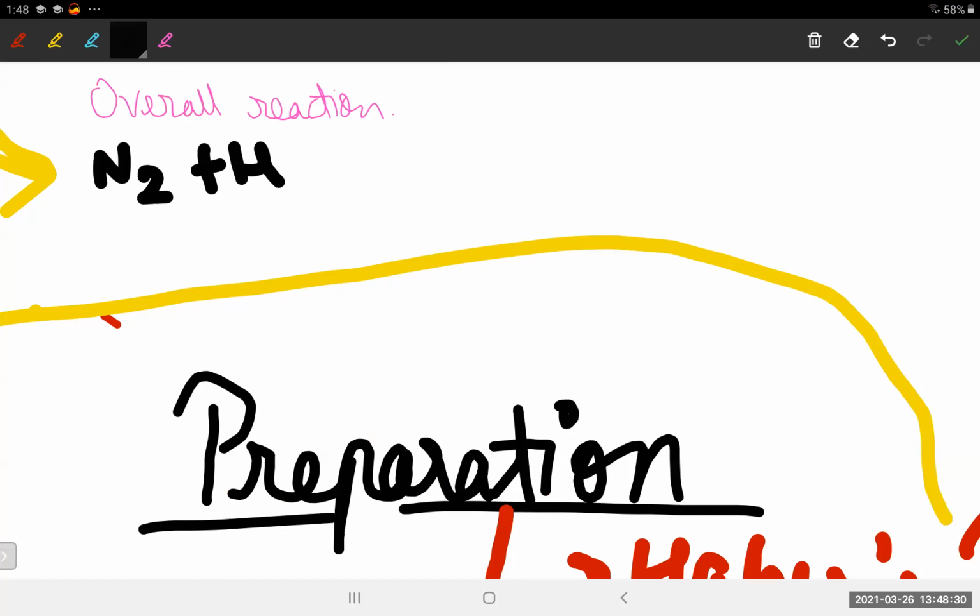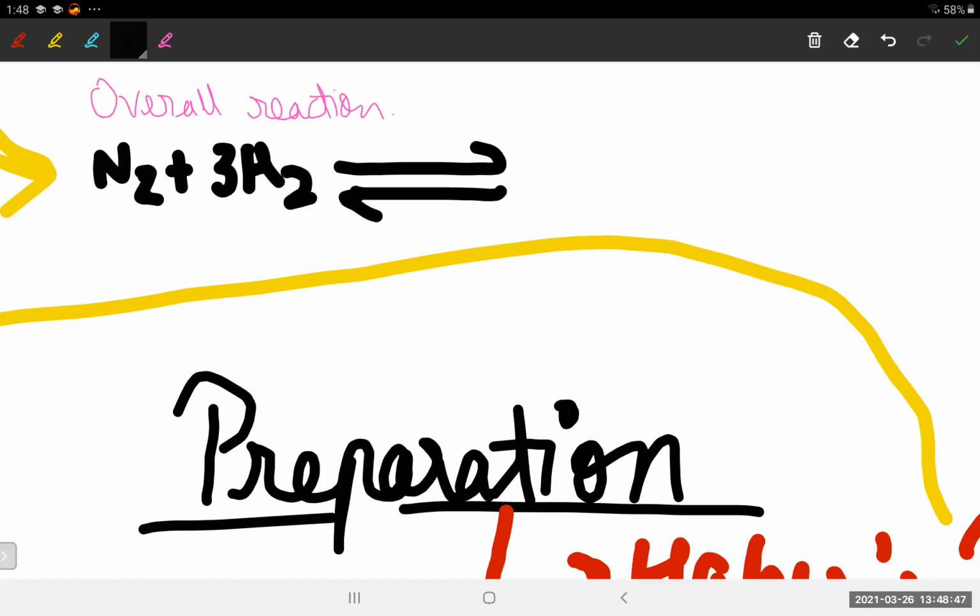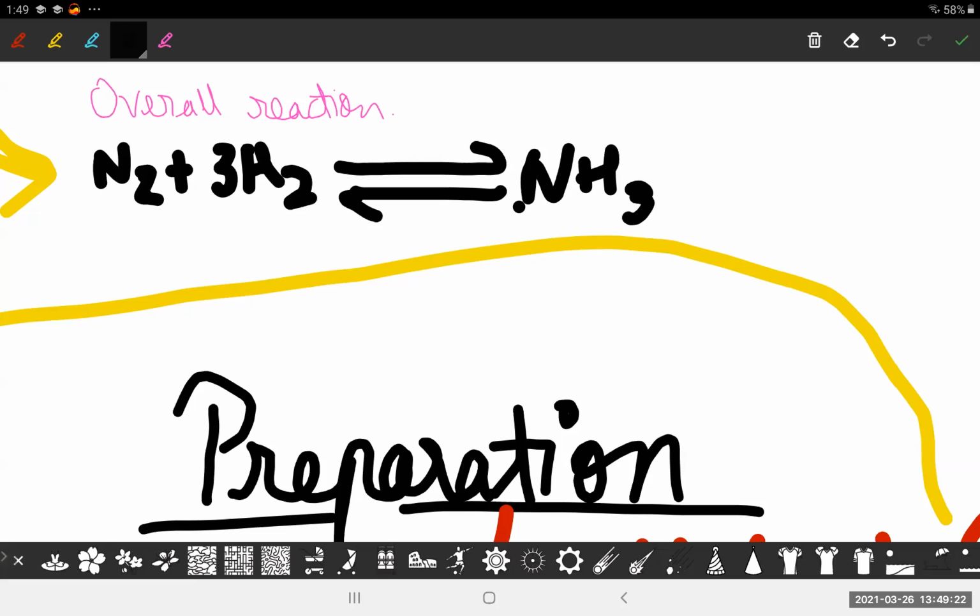One more thing to be mentioned here: this N2 is adding up with three molecules of H2. Yes, it doesn't break now. Okay, so we were looking at this overall reaction.